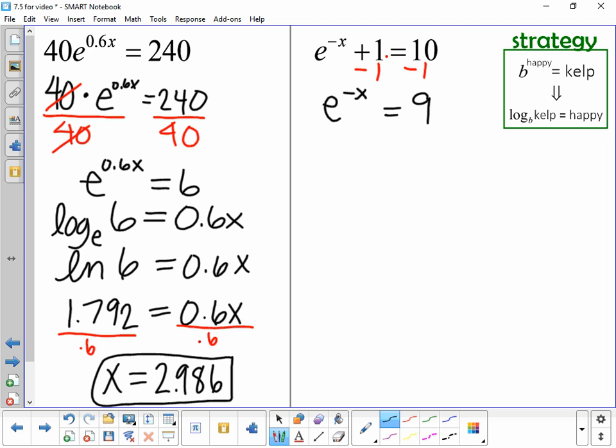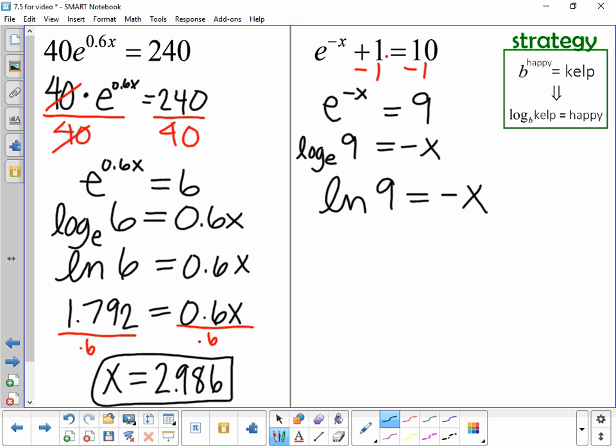So if we rewrite that equation, it would be a log base e. And I usually don't even write the log base e. I usually go straight to writing natural log. But if it helps you to make sure you're doing it correctly, go ahead and write that log base e of 9 is equal to negative x. So we have the natural log of 9 is equal to negative x.